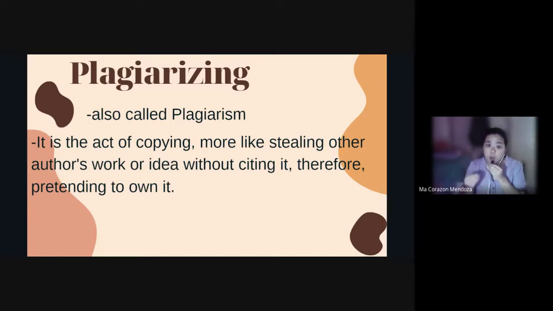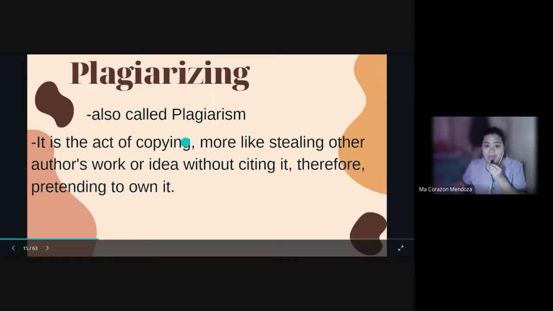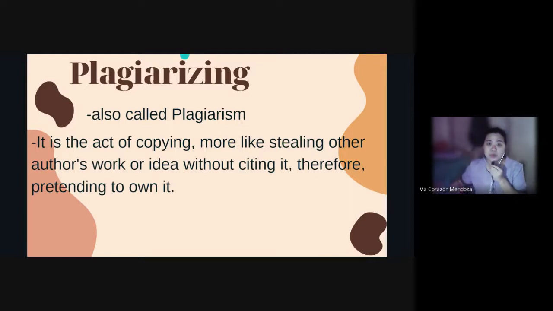So, if you copy another person's ideas or work without telling your readers that it's not yours, or without telling the reader who the real author is, and if you pretend that it is your own, you're actually plagiarizing. And in order for us to avoid plagiarizing, we are discussing writing bibliography because it is a way of avoiding committing this crime.